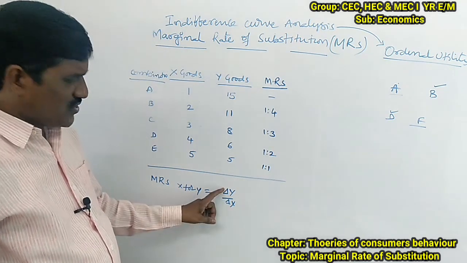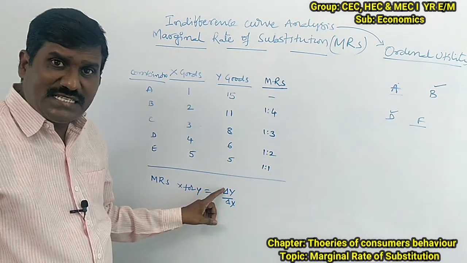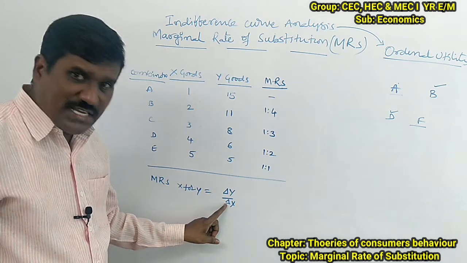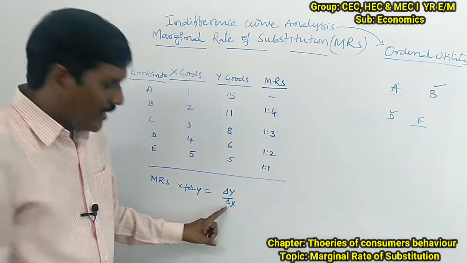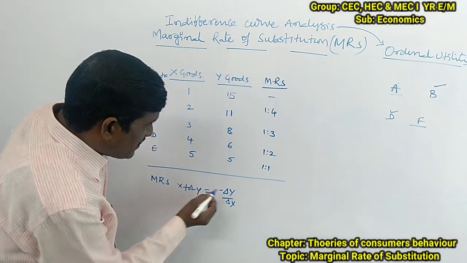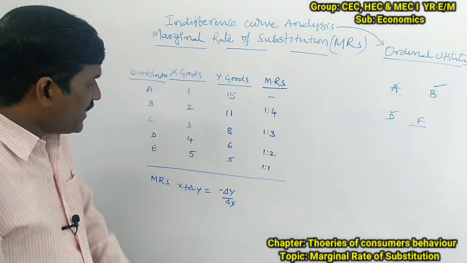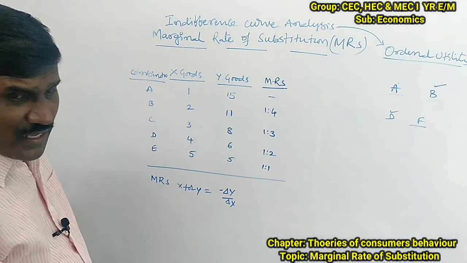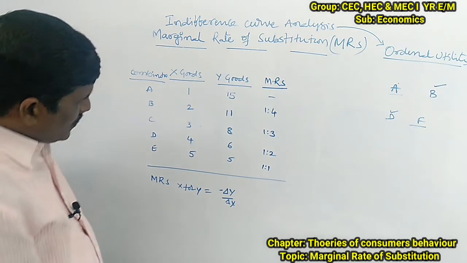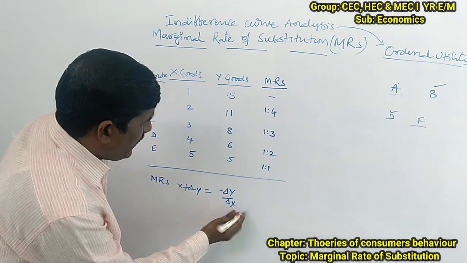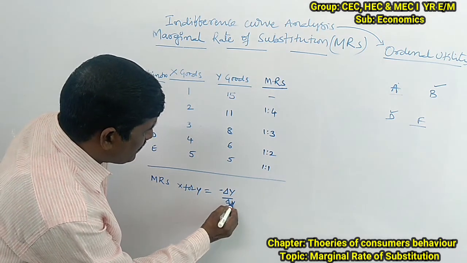Delta means change. The y is changing and x is also changing, but y is changing by reducing. So it is minus delta y by delta x.